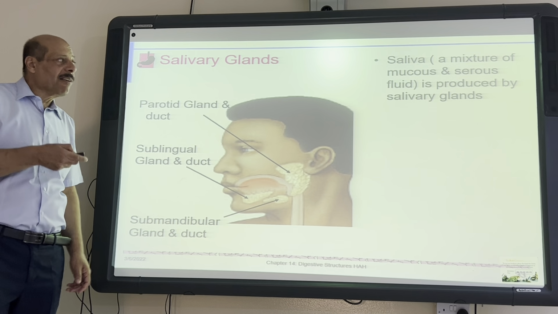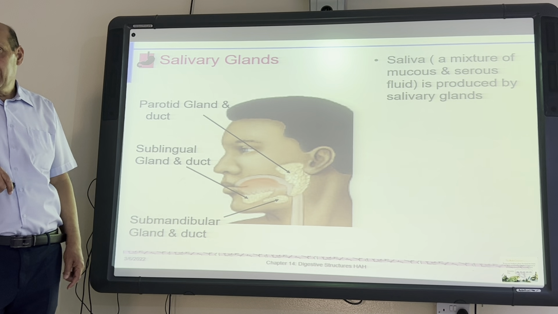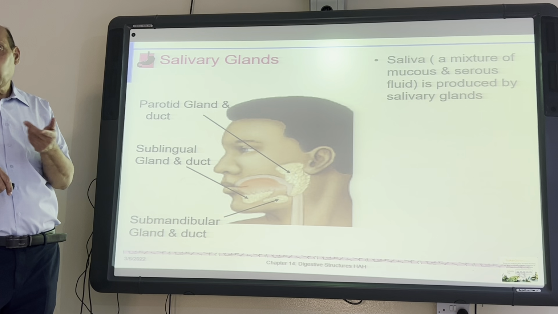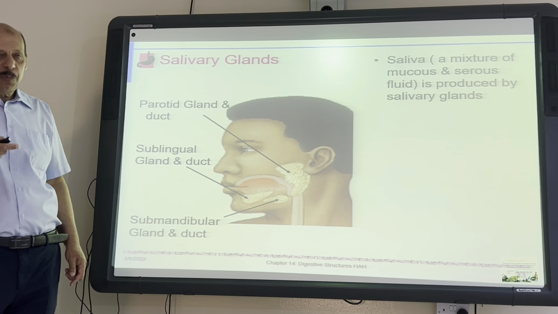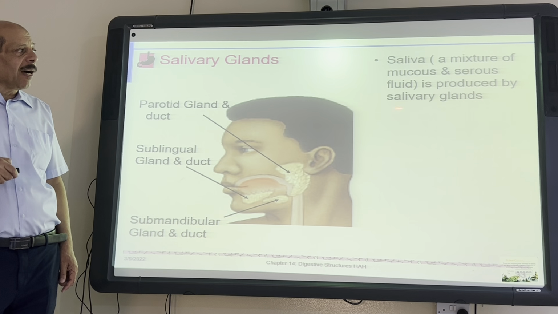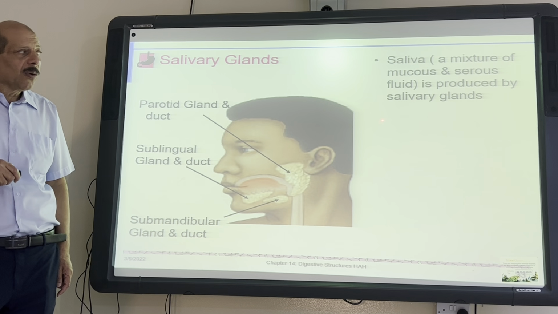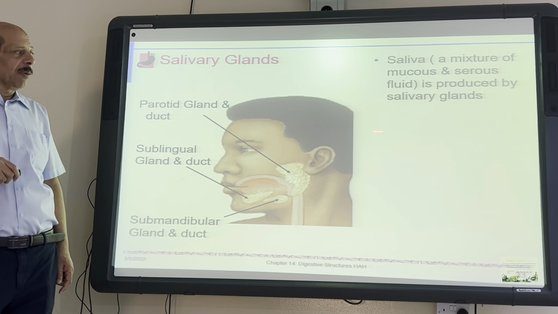But the saliva is a mixture between mucus and serous fluid. Because of that, it is watery usually. You feel it as water. It is produced by the salivary glands. The 3 pairs of salivary glands are producing the saliva, which is a mix of serous fluid and mucus.